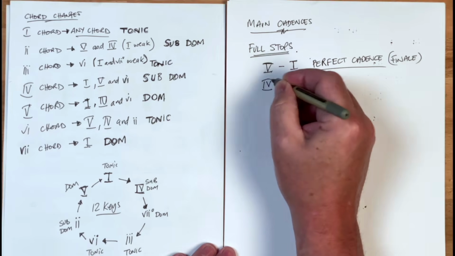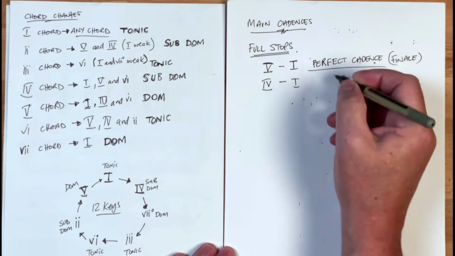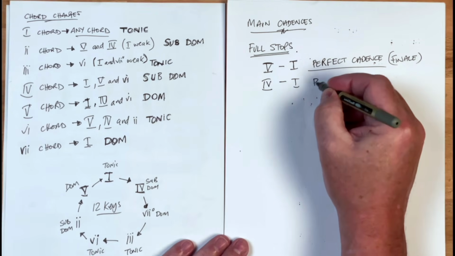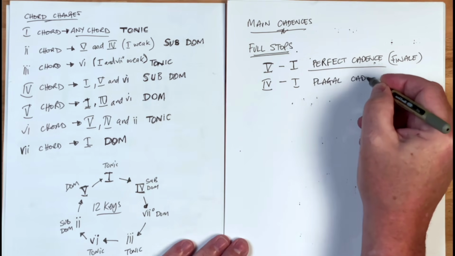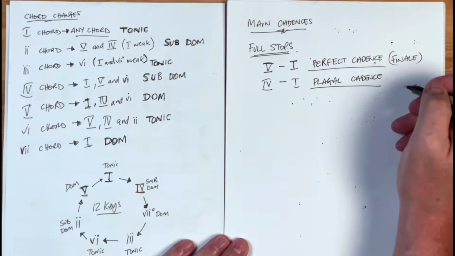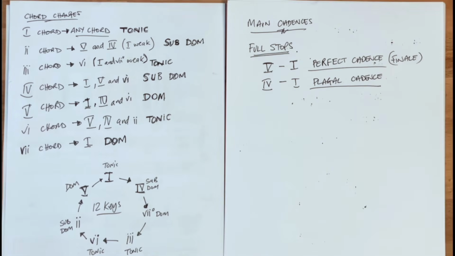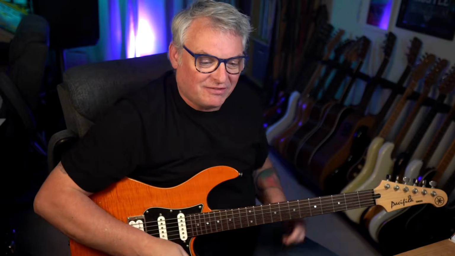The next one we want to look at is chord 4 to chord 1. This is called the Plagal cadence. Now, as soon as I got this explained at music college, it made so much sense to me because back in the day, I was a choir boy, with the frilly white ruffs and everything.